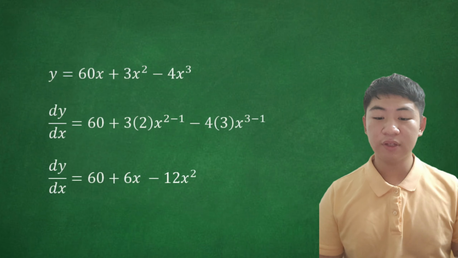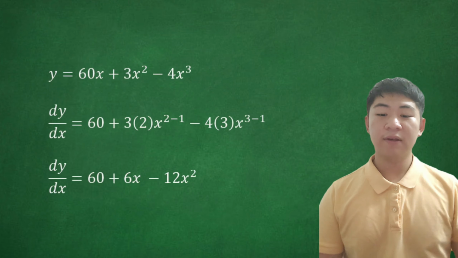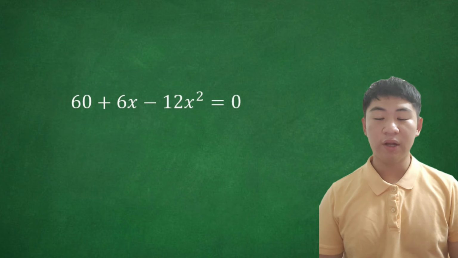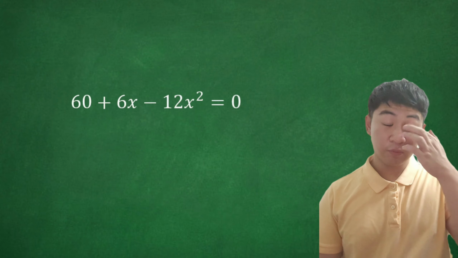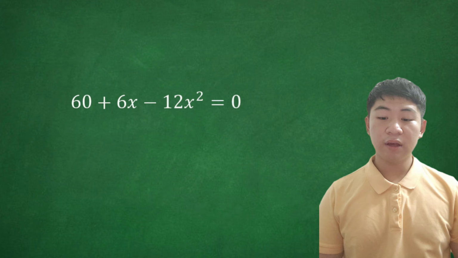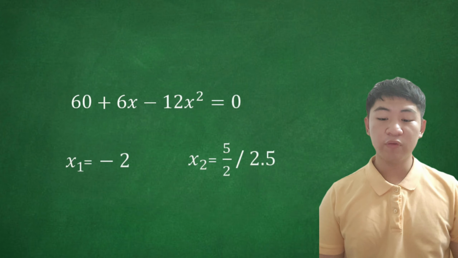So all we have left is 60 plus 6x minus 12x squared. After that, we use a calculator. You press mode 3 times, then press number 1, then go to number 2 and press number 1. Then put in all the coefficients, and you get x1 equals negative 2, x2 equals 5 over 2 or 2.5.